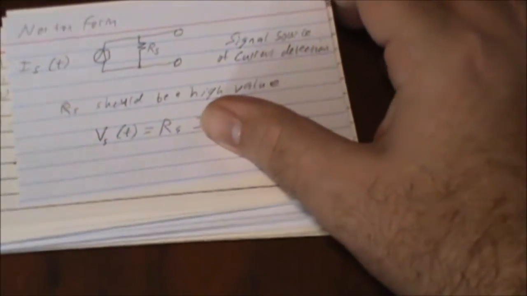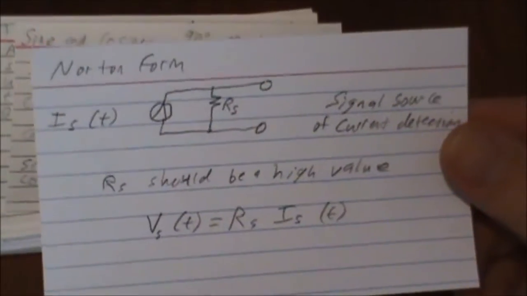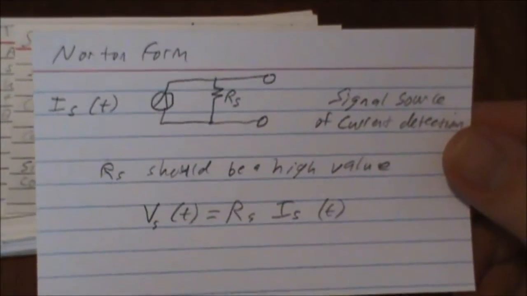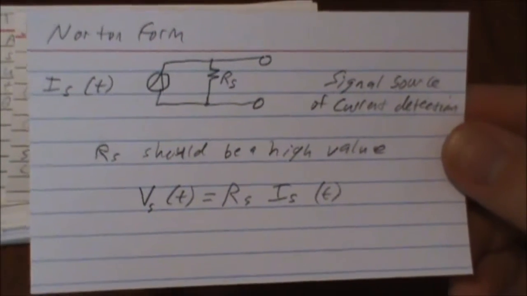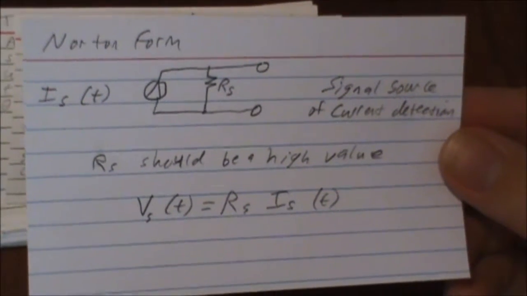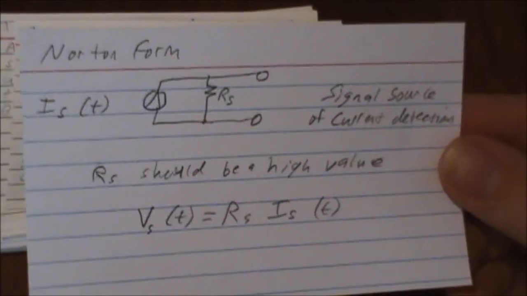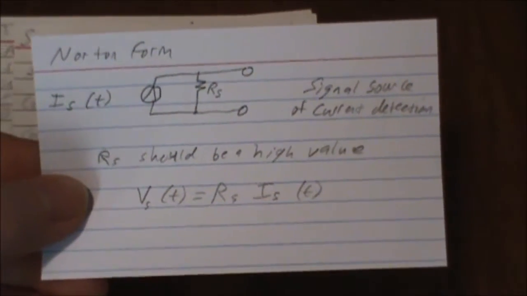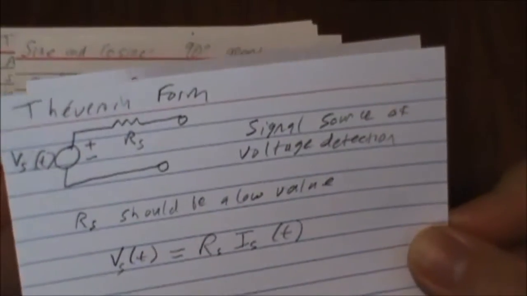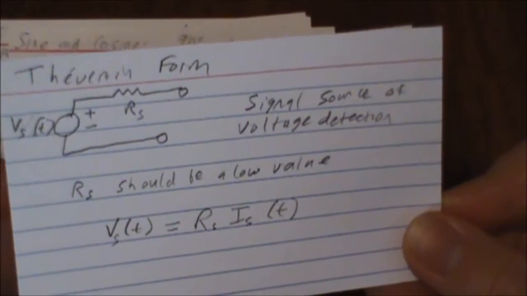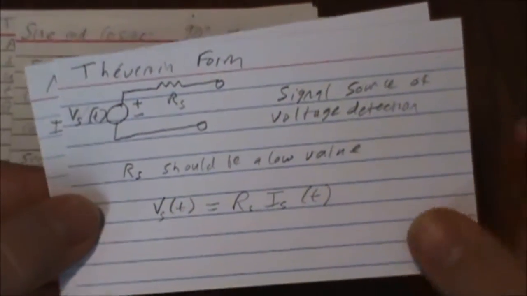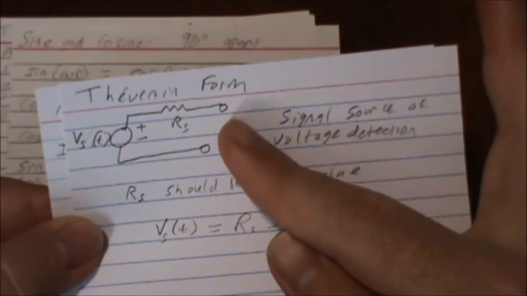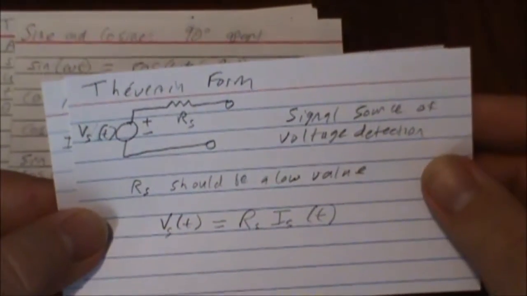And we have the Norton form. And the Norton form, all that really is, we just take that same source resistor, and, well, getting back to the whole voltage divider idea, if we see the Thevenin form, if we place a load across here, we're going to get a voltage divider.